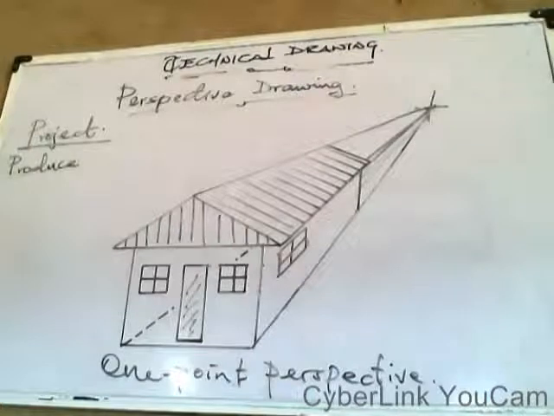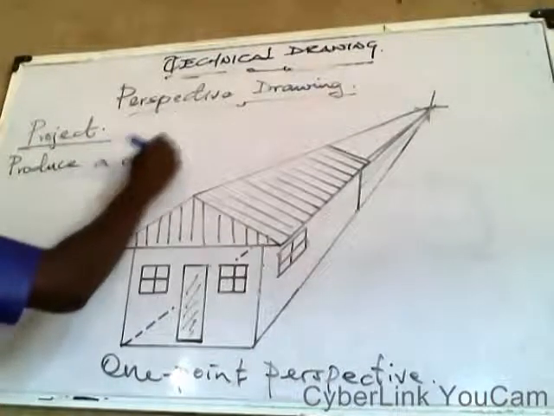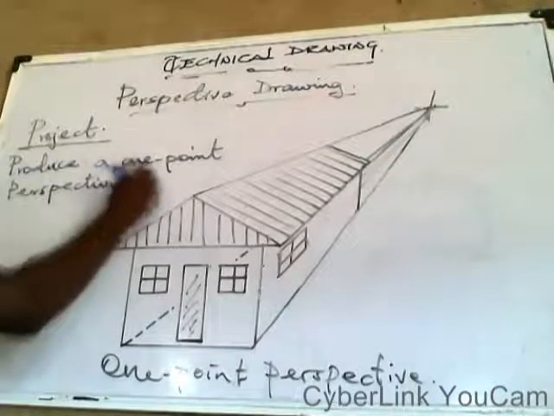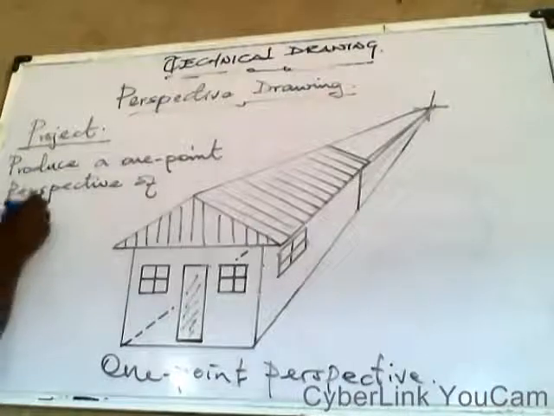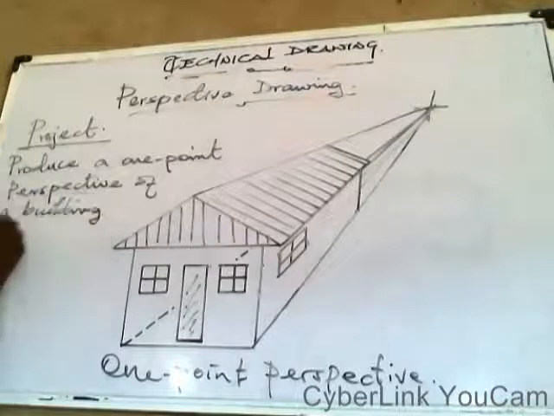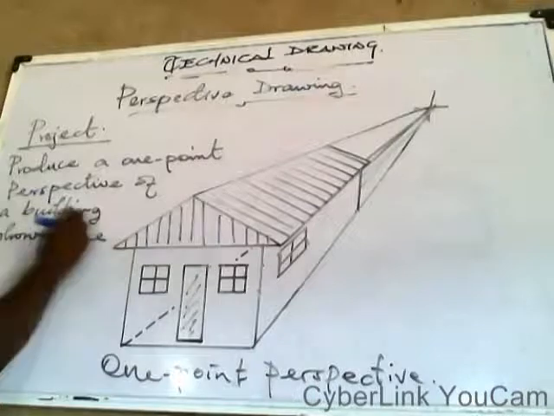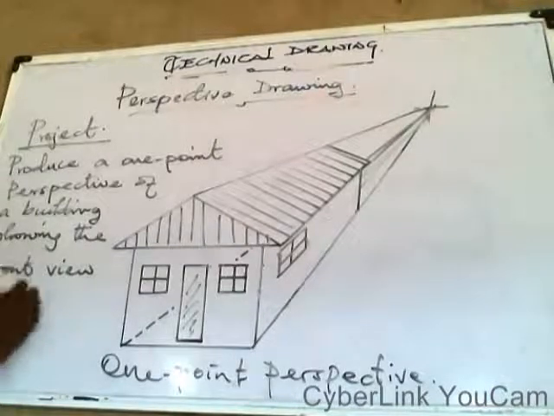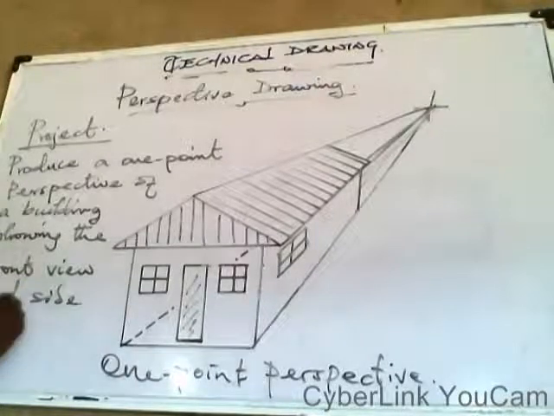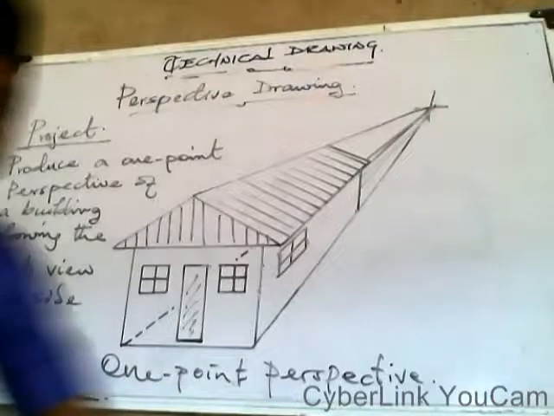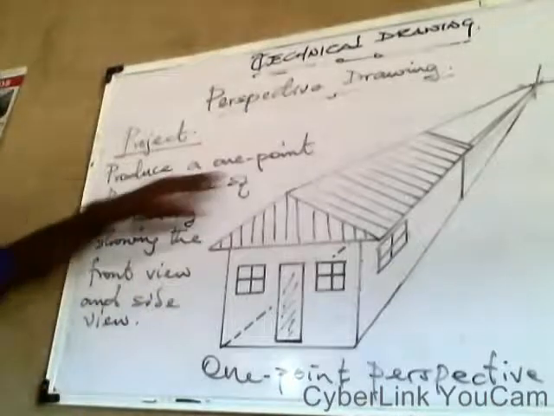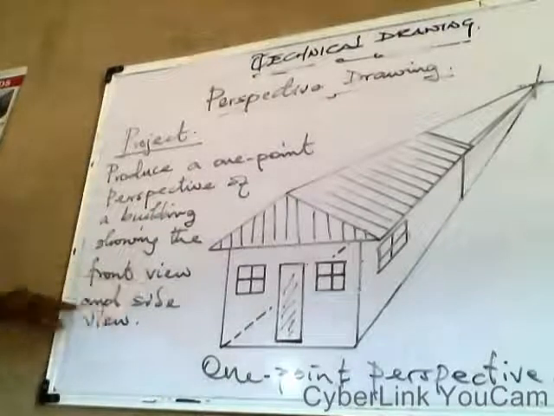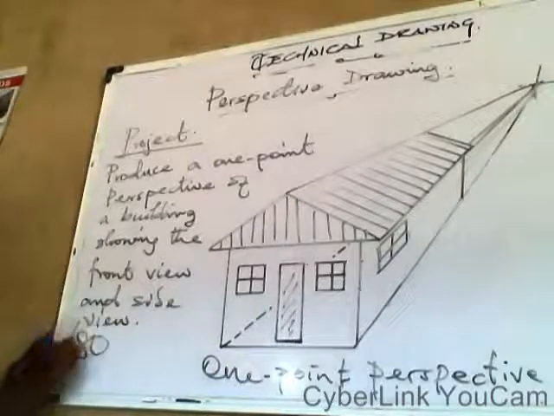Produce a project for this term. It says that you should produce a 1 point perspective of a building showing the front view and side view. That one is 80 marks.